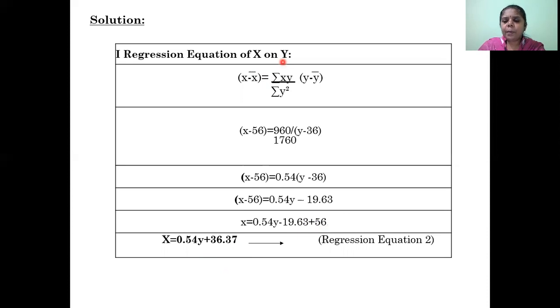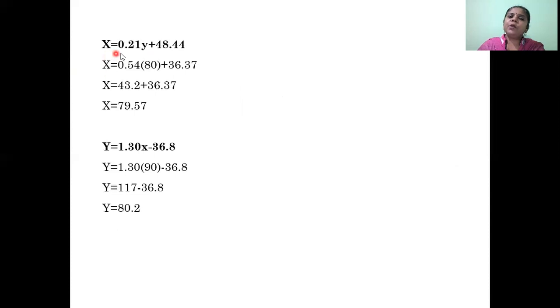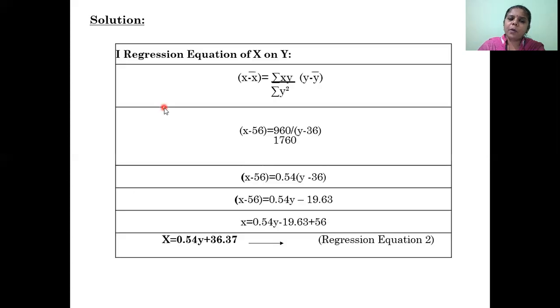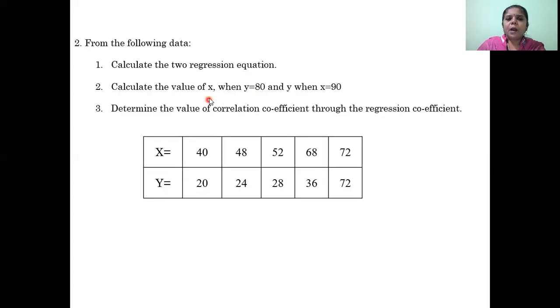Okay, students? So by making a table, we must find out both the y on x and x on y equations. After this, what do we do? The problem gave sales and advertisement values: what is advertisement when sales is a certain value, and what is sales when advertisement is a certain value. We have to calculate the value of x when y is equal to 80 and the y value when x is 90. We have already calculated the regression coefficients and both regression equations.